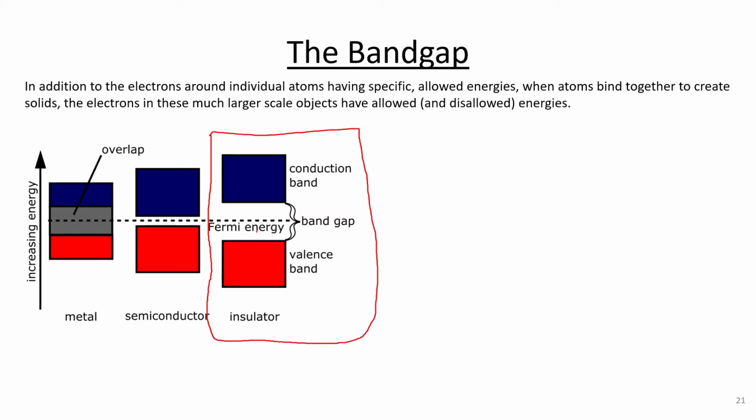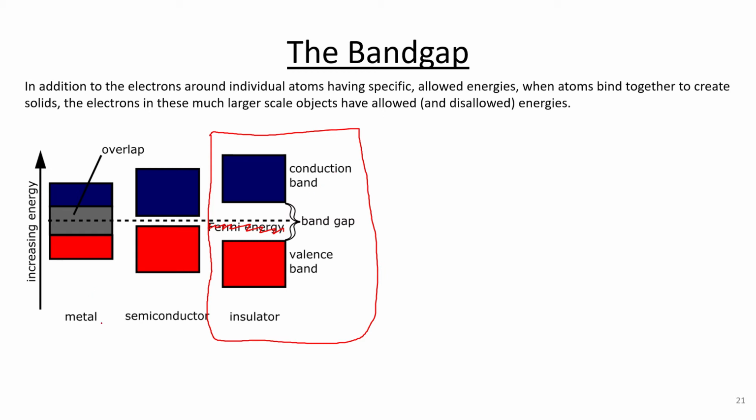You don't have to worry too much about things like Fermi energy, okay? But these are the bands. So if an electron is in the conduction band, well, what that means is that the electron is reasonably free to move through the material.